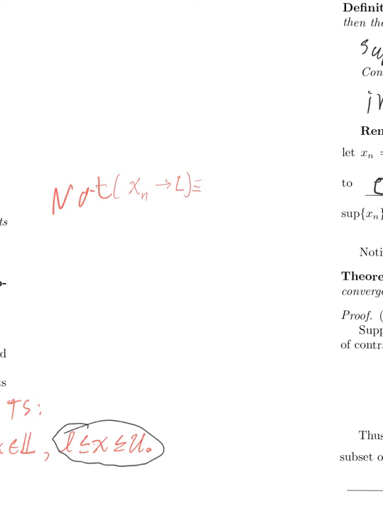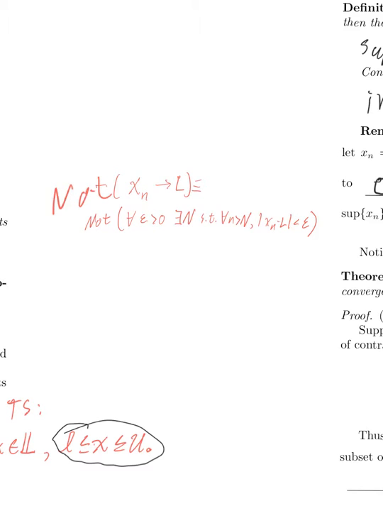So what does that mean? That means not, and then I'm going to put the definition of xn converges to L. It is not the case that for all epsilon greater than 0, there exists a big N, such that for all little n bigger than big N, absolute value of x sub n minus L is less than epsilon. And, well, now I know how to negate this using the standard logical calculus.